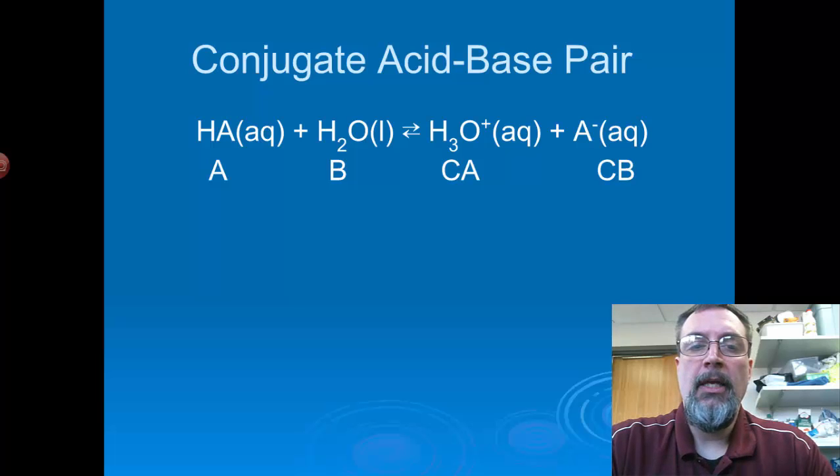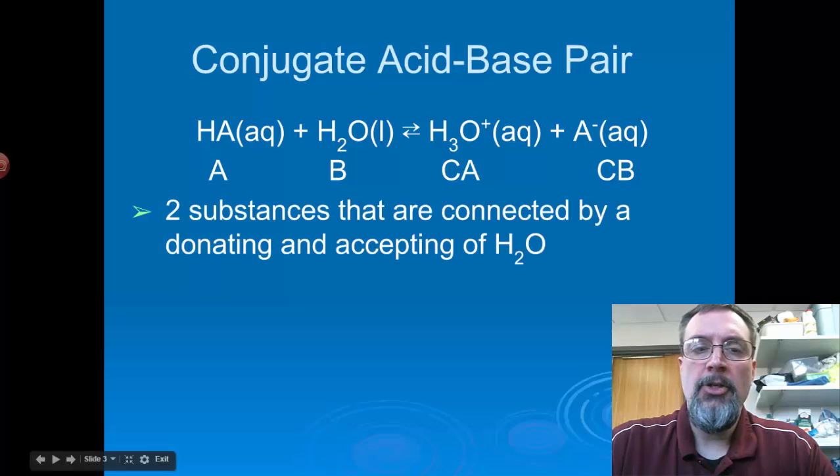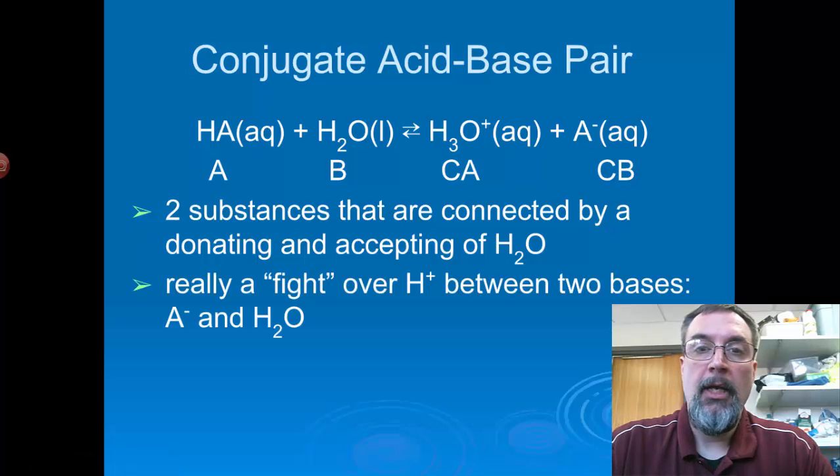So the acid-base pairs go together, okay? And they're essentially connected by the transfer of a proton. So an acid gives it up and the base takes it. The base becomes the conjugate acid. The acid becomes the conjugate base. So essentially it's like a fight over this H+ between two bases, A- and H2O.